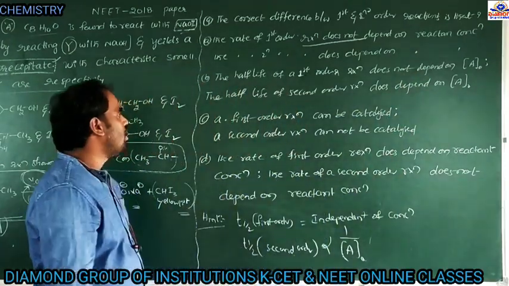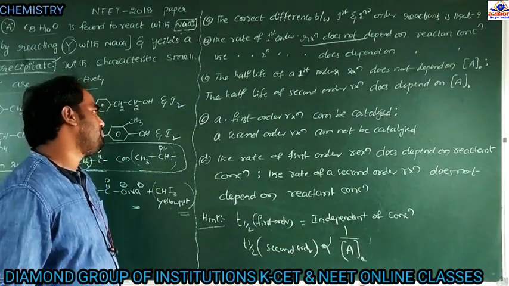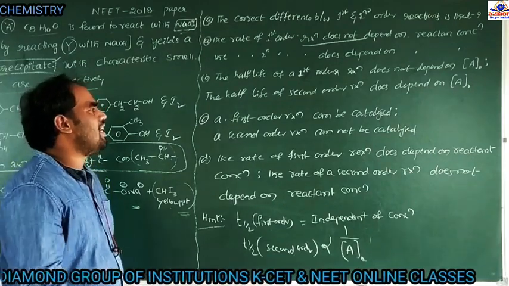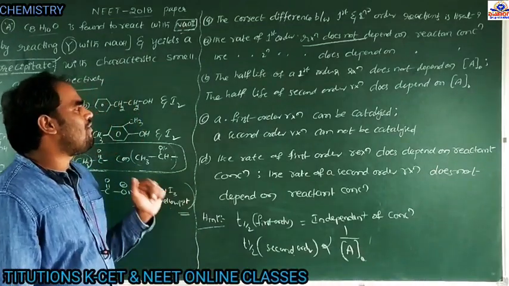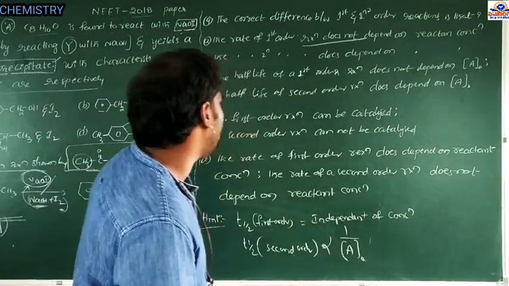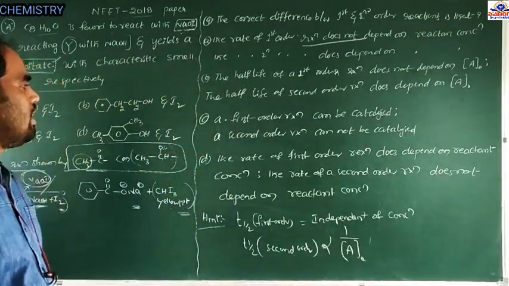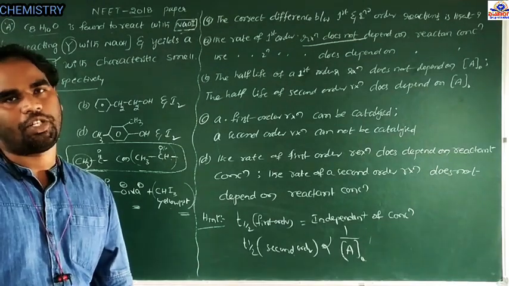Option C: a first order reaction can be catalyzed, a second order reaction cannot be catalyzed. Option D: the rate of first order reaction does depend on reactant concentration, and the rate of second order reaction does not depend on reactant concentration.